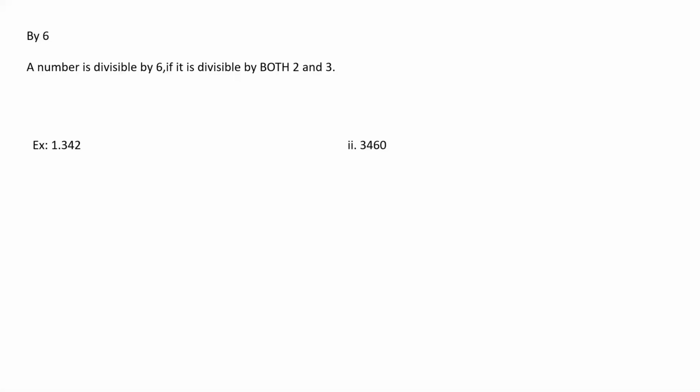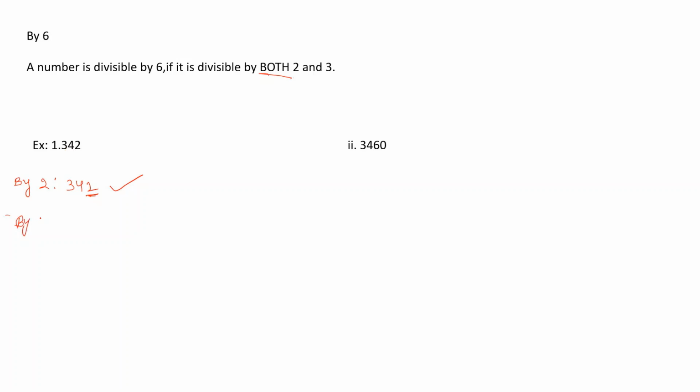The divisibility rule of 6. A number is divisible by 6 if it is divisible by both 2 and 3. So, now check the divisibility rule of 2. 342. The one's place digit, the last digit, is 2. So it is divisible by 2.